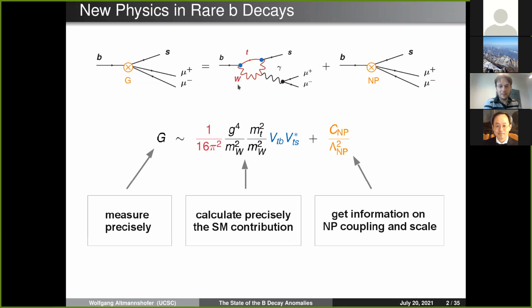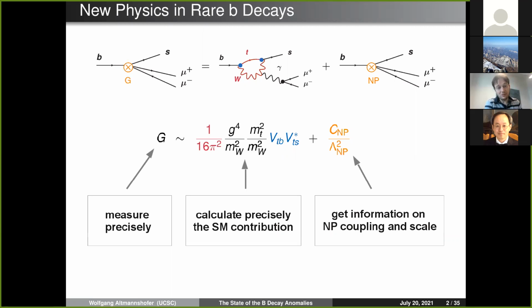Now at the energy scales where this process is happening, that would be the energy scale of the B quark or of B mesons, the energy is not large enough to actually resolve those particles in the loop, so it is effectively described by a 4-fermion contact interaction between the B quark, the strange quark, and the two muons.